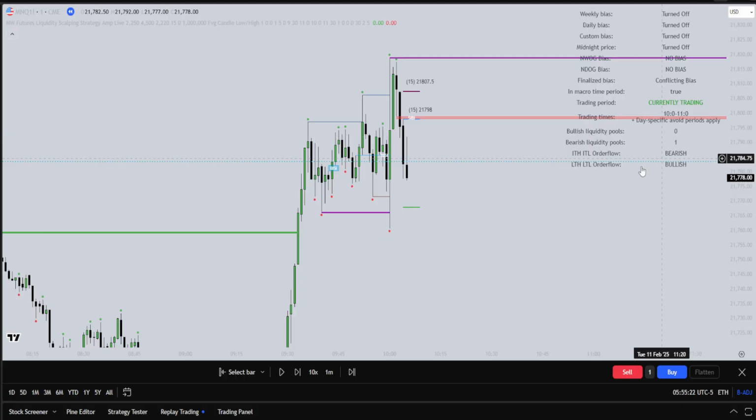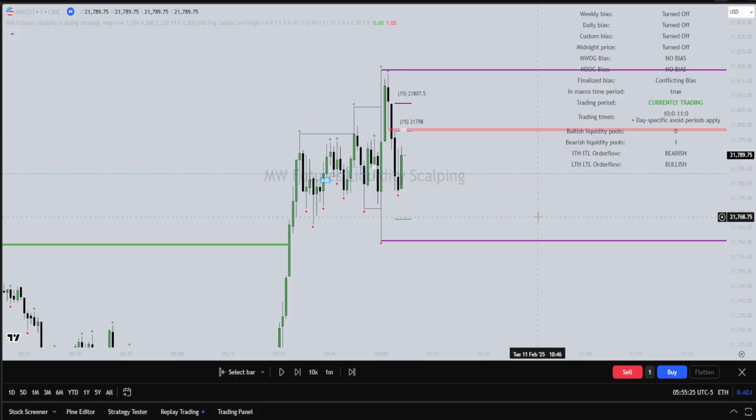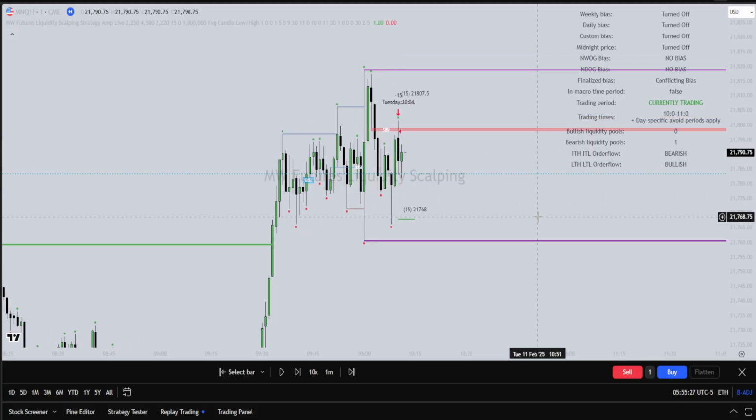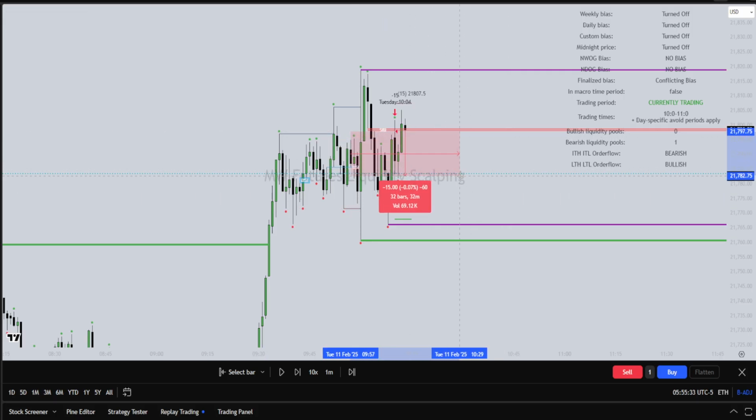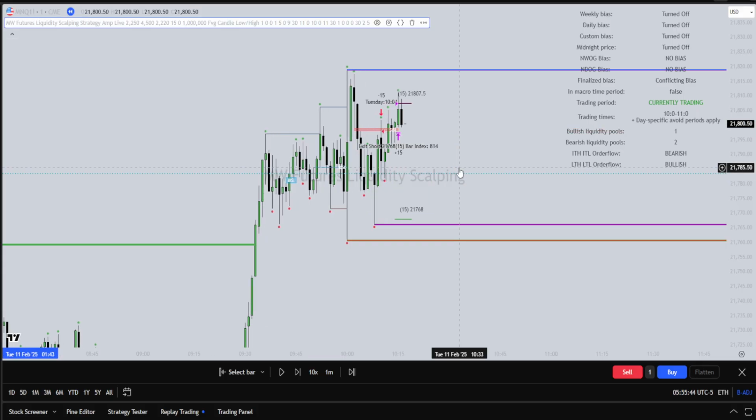There are two ways I could go about this. I could re-enable the long-term order flow as well. But I also see that this trade would have made 15 handles minimally.